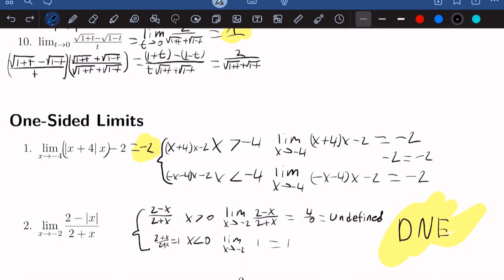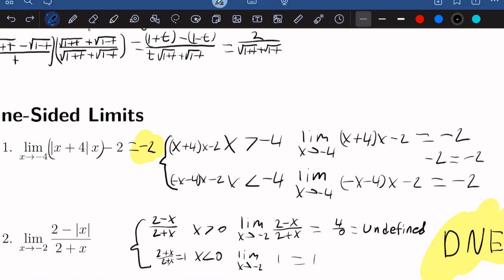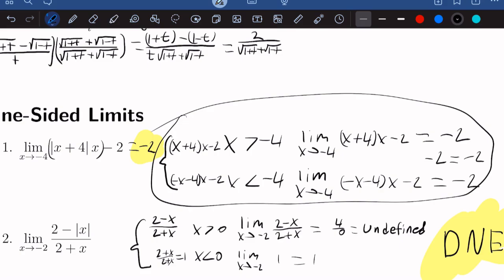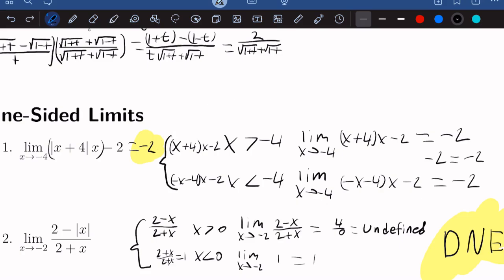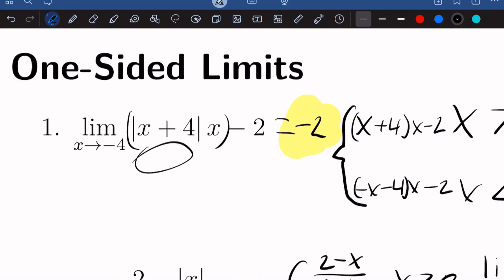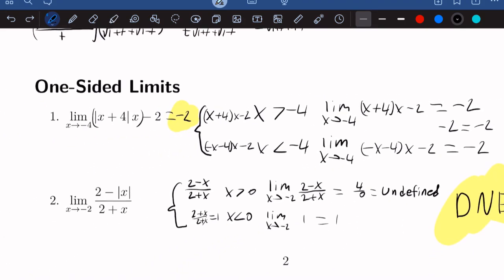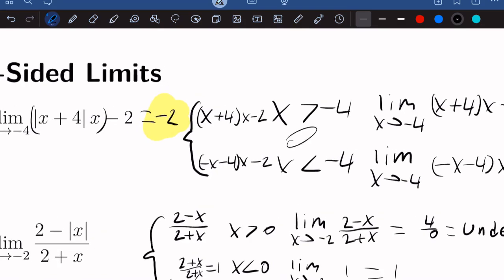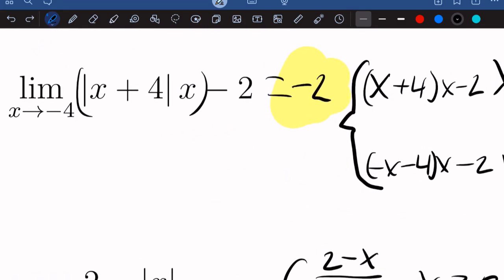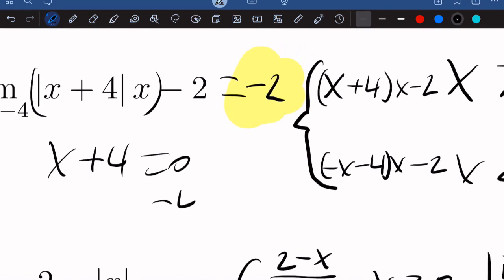For these one-sided limits, I did it like this to show how it works using the piecewise, but in reality, you can just plug it in. When you plug it in, you get 0 times x minus 2, which gives you minus 2. But if you were to do it like this, you see where x plus 4 equals 0, which is negative 4.